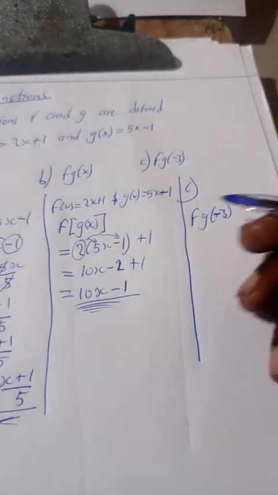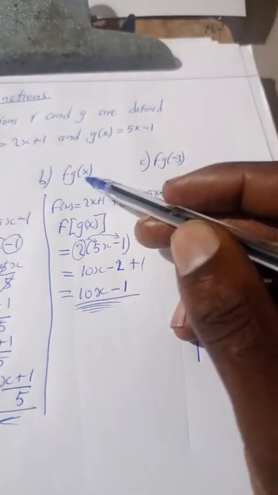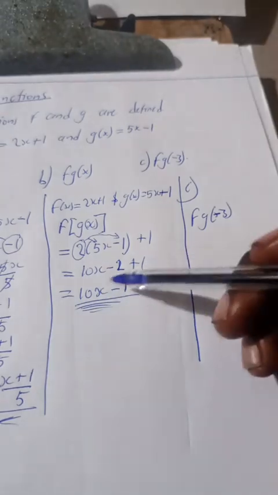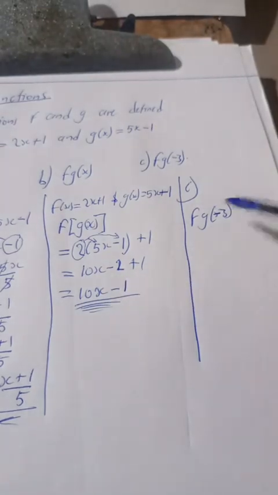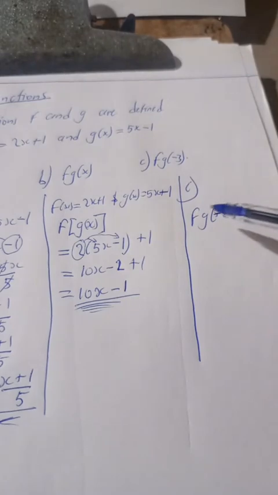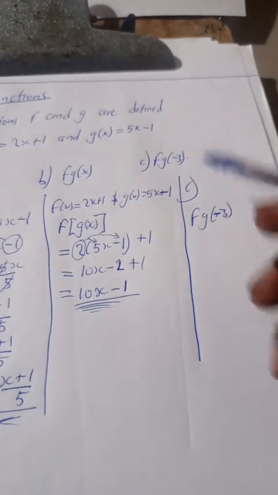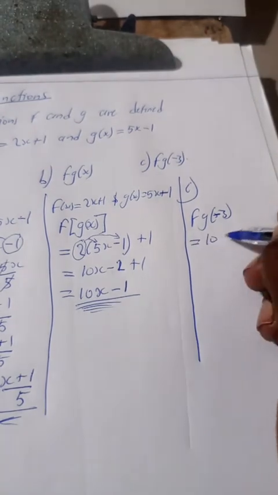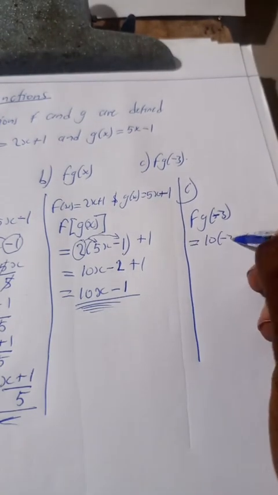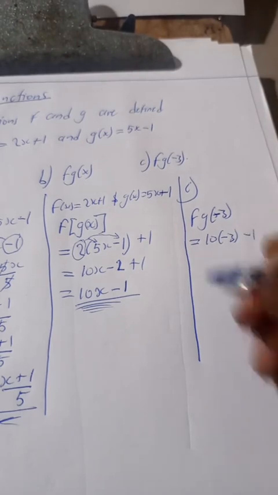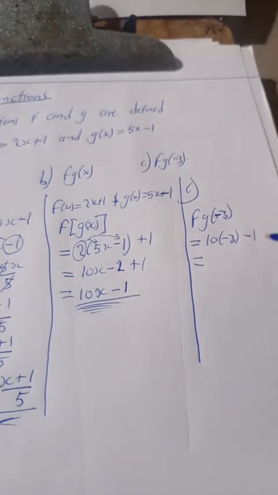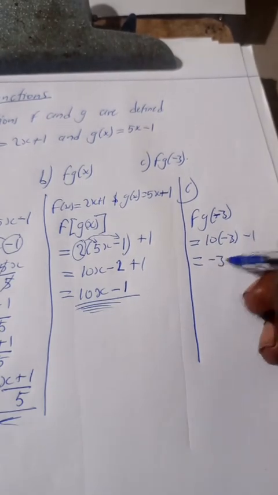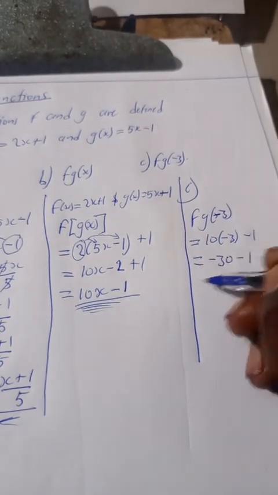So in your final composite function, where there is x, you put negative 3. So you say this is equal to 10 times negative 3 minus 1. So this will be equal to what? 10 times negative 3, you have negative 30 minus 1.